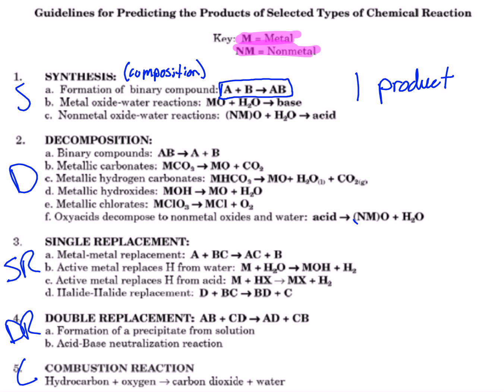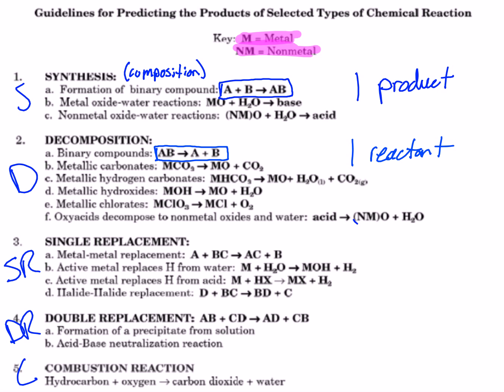Decomposition. How do we know we have a decomposition reaction? With one reactant. I've been doing that all day, answering my own question. One reactant. That's how we know we have a decomposition reaction. Again, most of the time we'll see it with a binary compound breaking down, but we can see any of those.